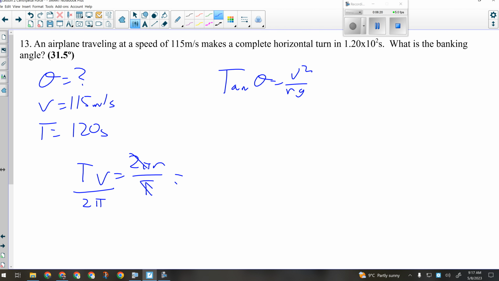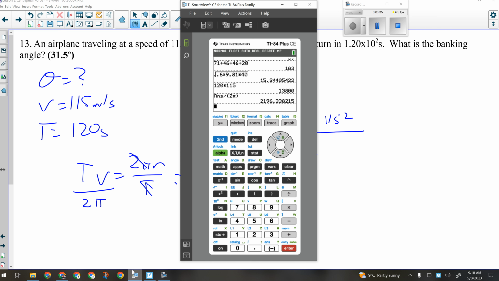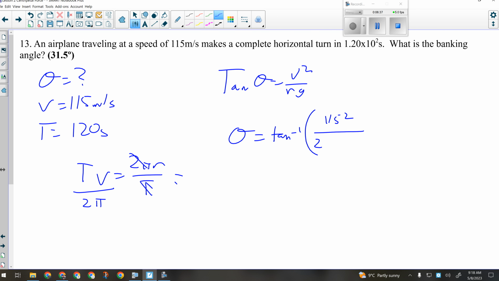2,196 meters, and now I can manipulate for the banking angle, which is simply taking tan over to the other side. So inverse tan of 115 squared divided by the 2,196 with all the decimals, times g, 9.81.